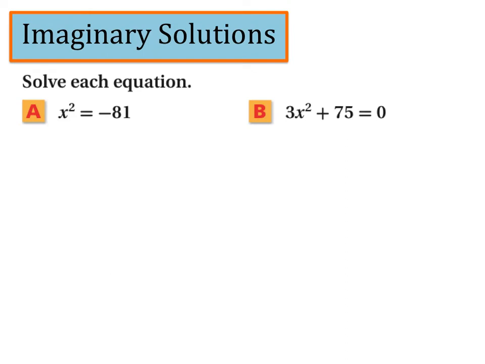Let's find some imaginary solutions. So for this first equation here on the left, we have x squared equals negative 81. The first thing we have to do is get x by itself. To do that, we have to take the square root of both sides. When we do that, the left side becomes x, and the right side is going to become plus or minus the square root of negative 81.